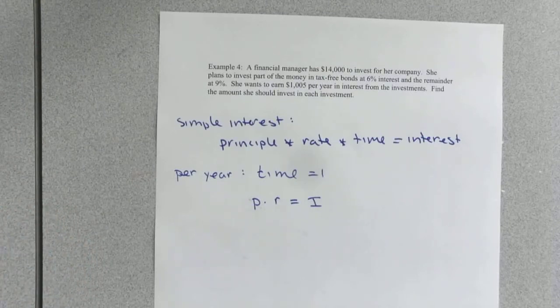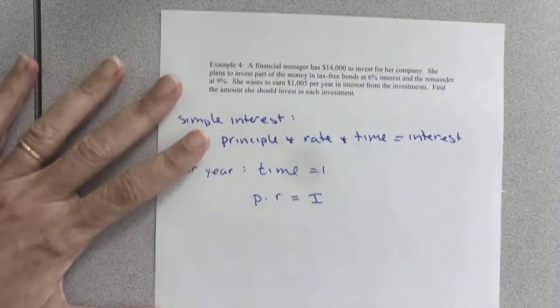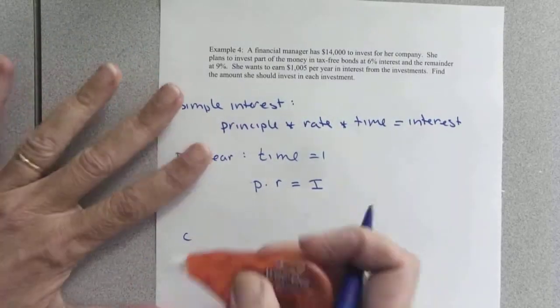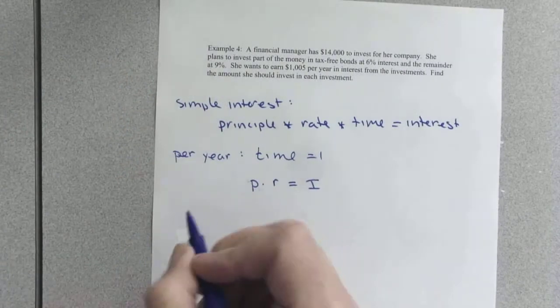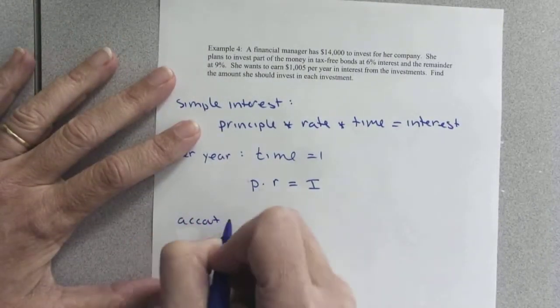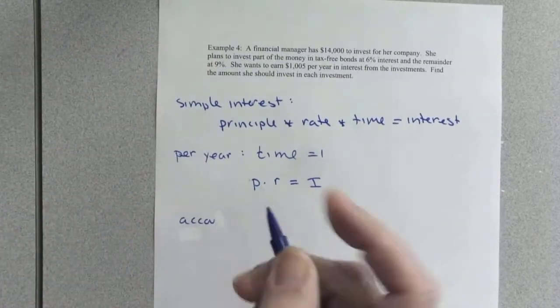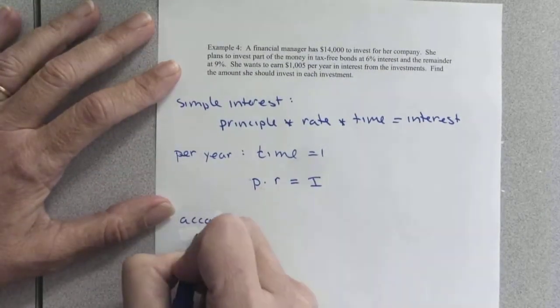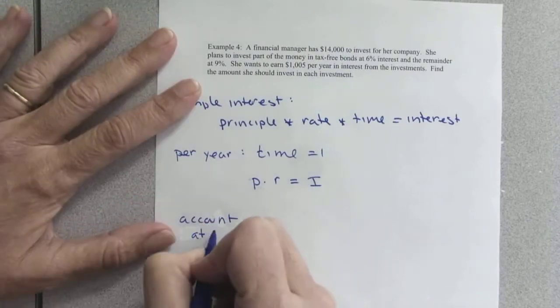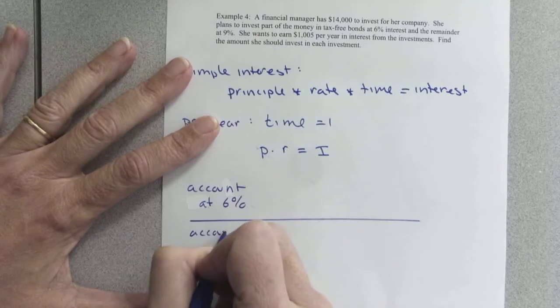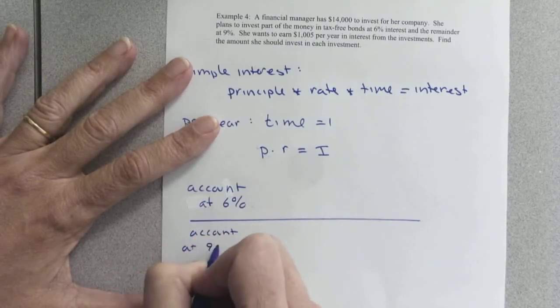So we're going to set this up in a little chart. This woman has $14,000. She's going to break it up into 2 accounts. So we have the account at 6%, and she has an account at 9%.